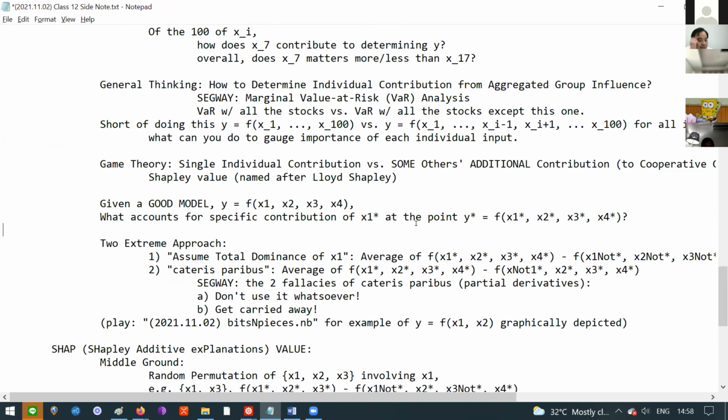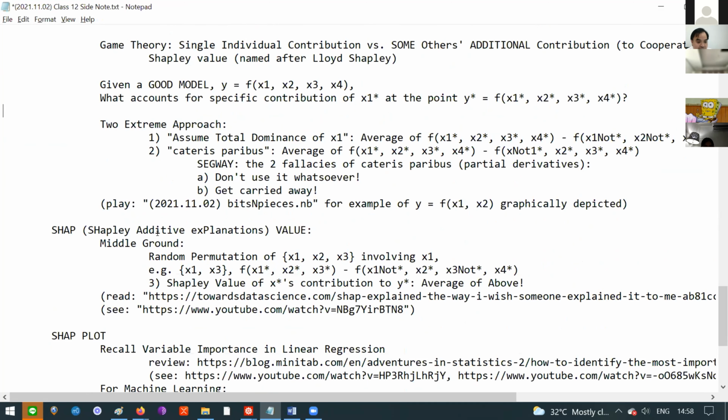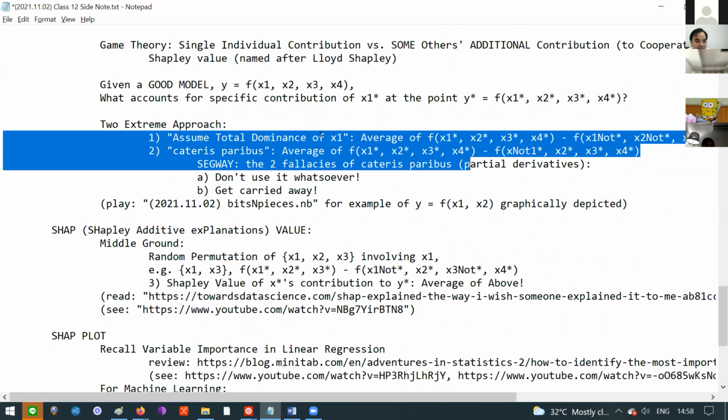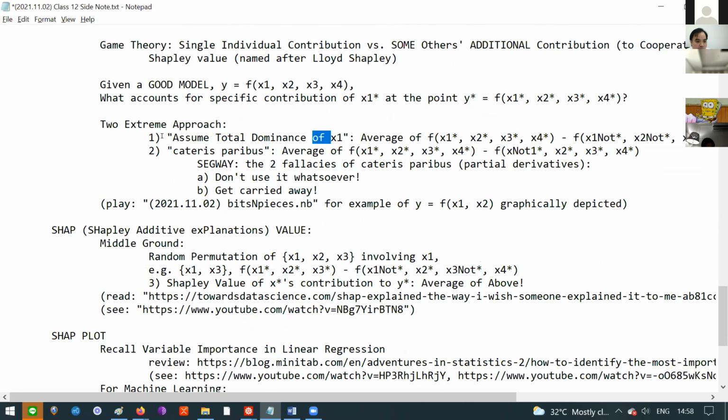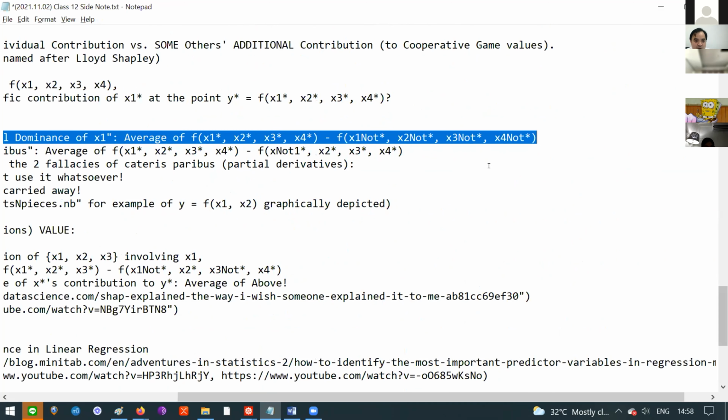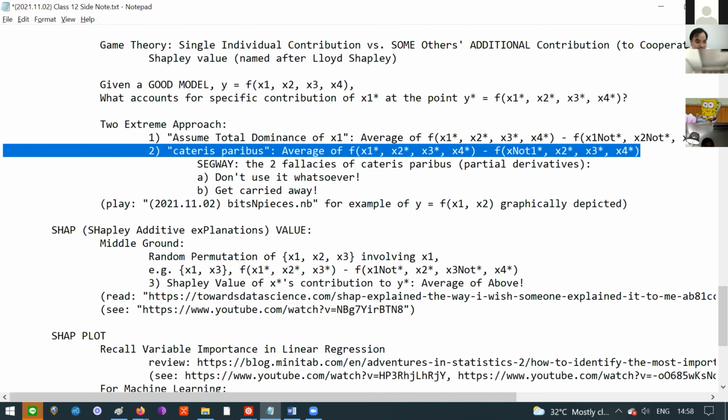So what the Shapley method does is use the Shapley value. The Shapley value is a hybrid of these extremes. But instead of taking all the points being different, or just the point you are interested in being different, it takes a subset of points being different.